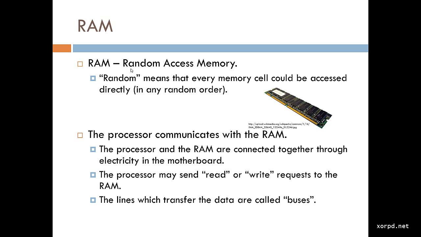That means that if we want to first access some cell and then another one which is of a very different address and then a third one which has an absolutely different address, then it won't take so long.